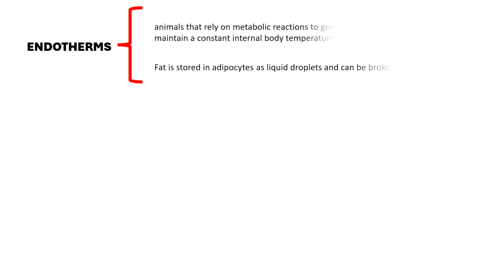Endotherms. These are animals that rely on what's called metabolic or chemical reactions to generate heat, maintaining a constant internal body temperature. Now, fat or the lipids that we've just seen are stored in adipocytes as liquid droplets that can be broken down into ATP, or adenosine triphosphate, energy.